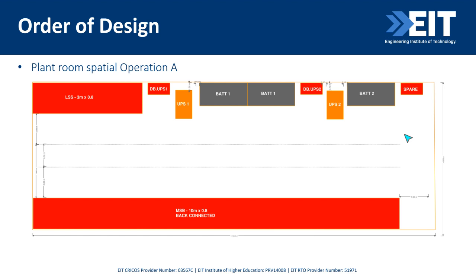So by doing your skeleton SLD, you can then size approximately your infrastructure, place it in a room in an arrangement that you will use, and then this will be the main switchboard plant room that I would request from the architects. An 11 meter by 5 meter room very early on in the project.